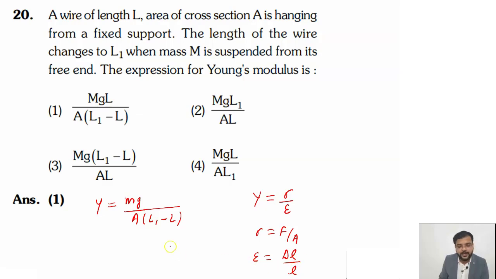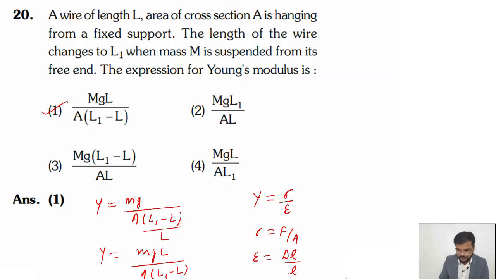Change in length by original length, and original length is L here. So what will we get? mgL by A(L1 minus L). If you check the options, this is option A, so option A is correct over here.